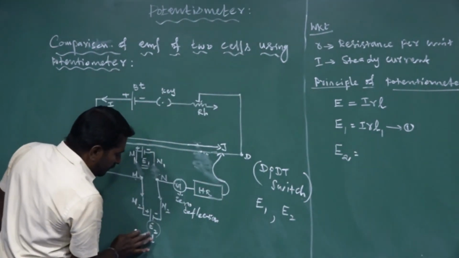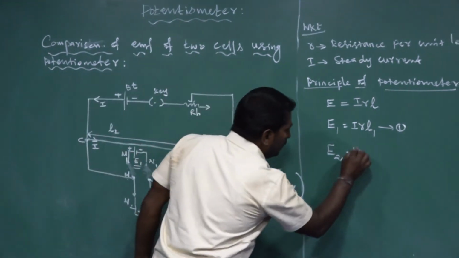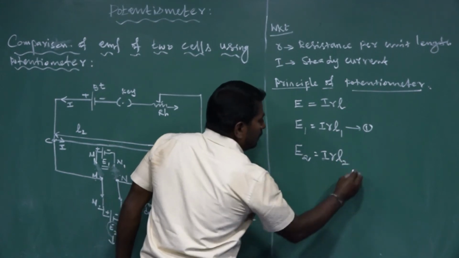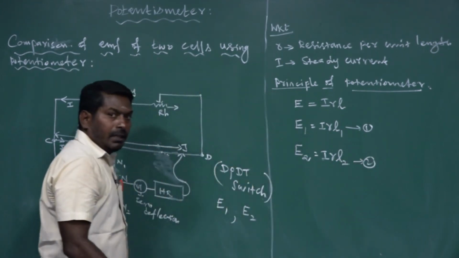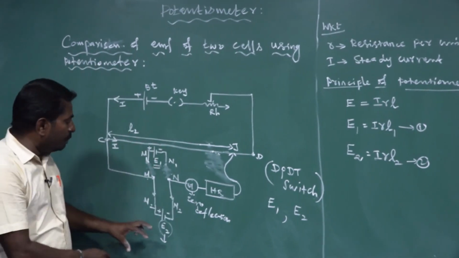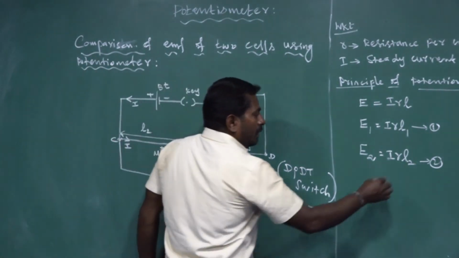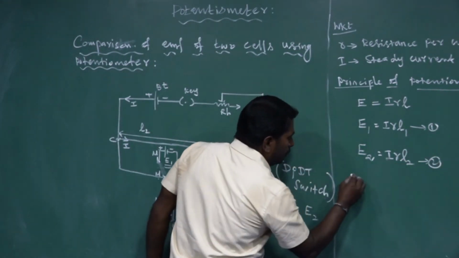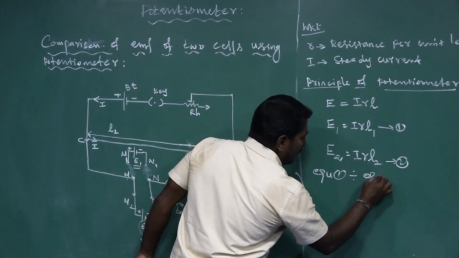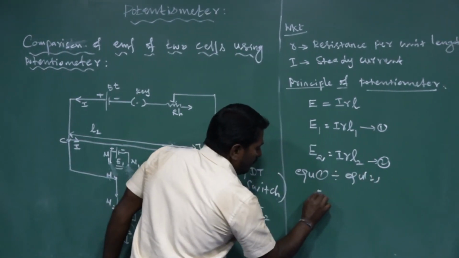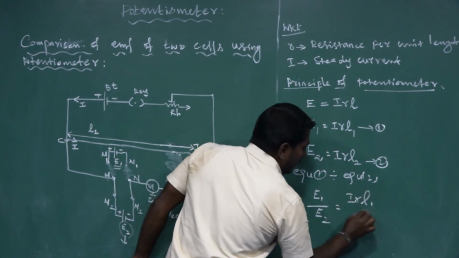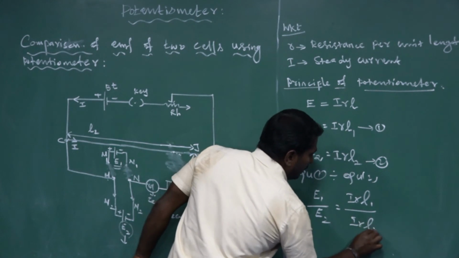the EMF of the second primary cell E2 is equal to IRL2, equation number 2. Now our main aim is to compare the EMF of the two given primary cells. Equation 1 divided by equation 2: E1 divided by E2 is equal to IRL1 divided by IRL2.